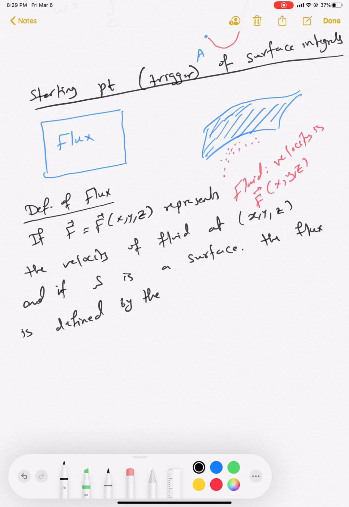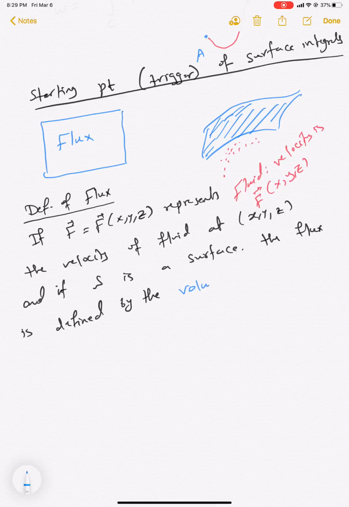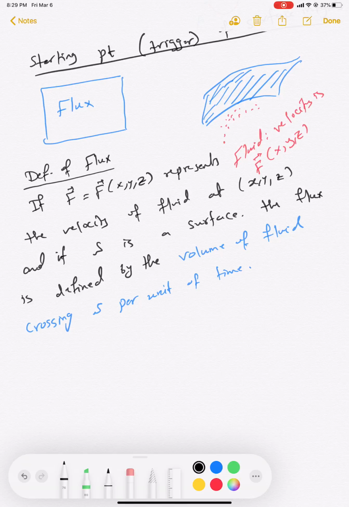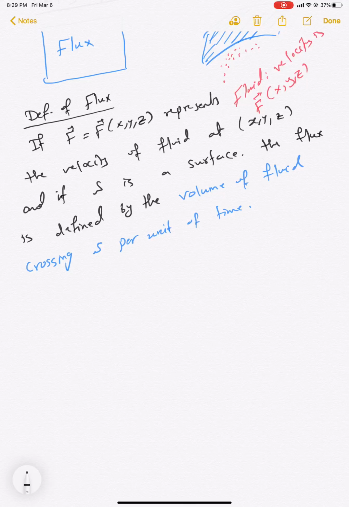It is the volume of a fluid crossing S per unit of time. This is the definition of a flux. So you have a surface.